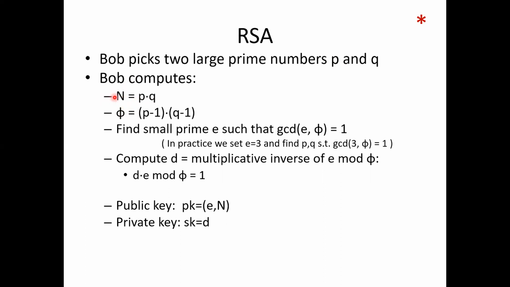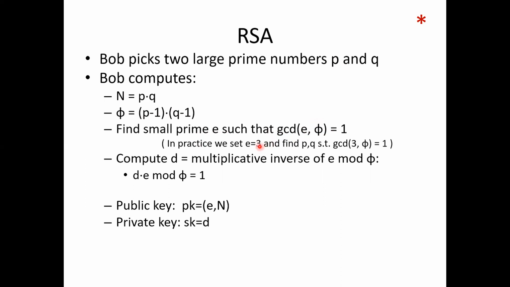In addition to multiplying them, you also compute the special symbol phi, which is a product of these P and Q, but decremented by 1. So it's a product of P minus 1 and Q minus 1. Next, you pick a small prime, E, which is co-prime with phi. Okay, you use the Euclidean algorithm to check.